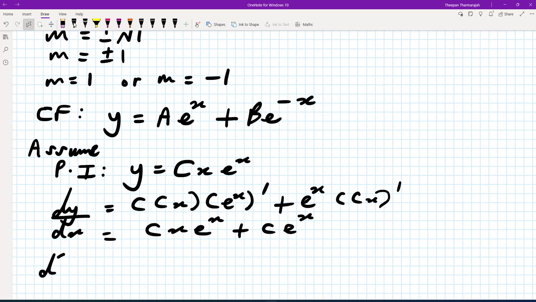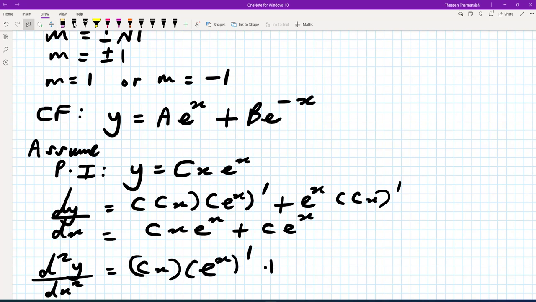So d2y by dx squared, again using the product rule, it's going to be c x times e to the x differentiated plus e to the x times c x differentiated, plus this will just give me c times e to the x when you differentiate that.